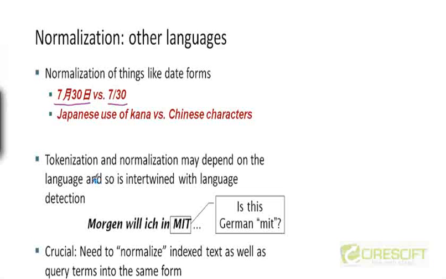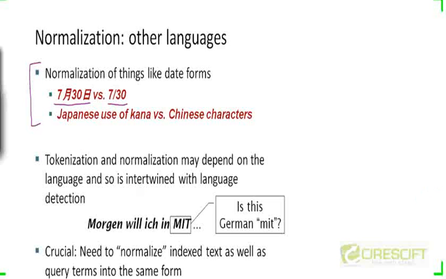So if a query is written in one particular script, we should be able to match that query with documents containing those words written in other scripts. So that's something which normalization for Japanese documents needs to take care of.